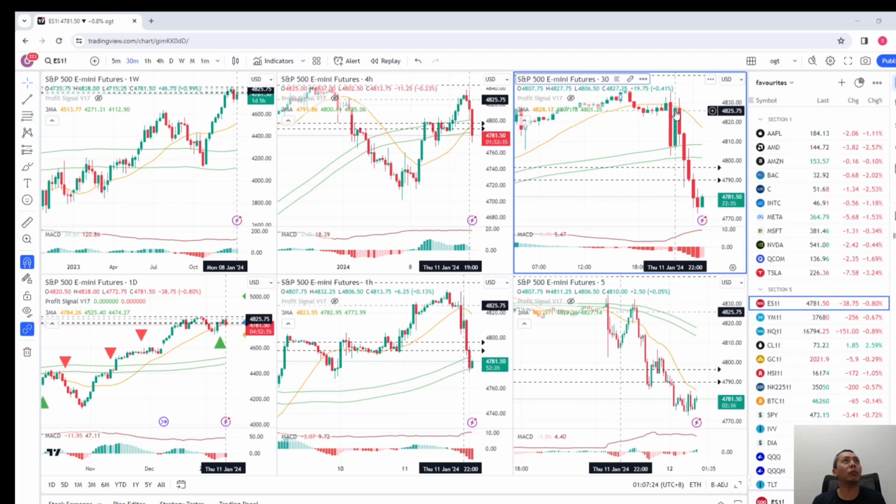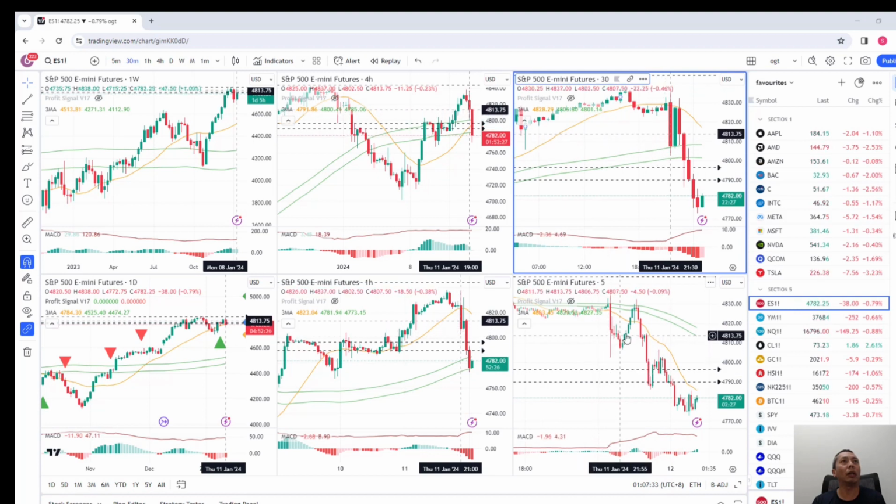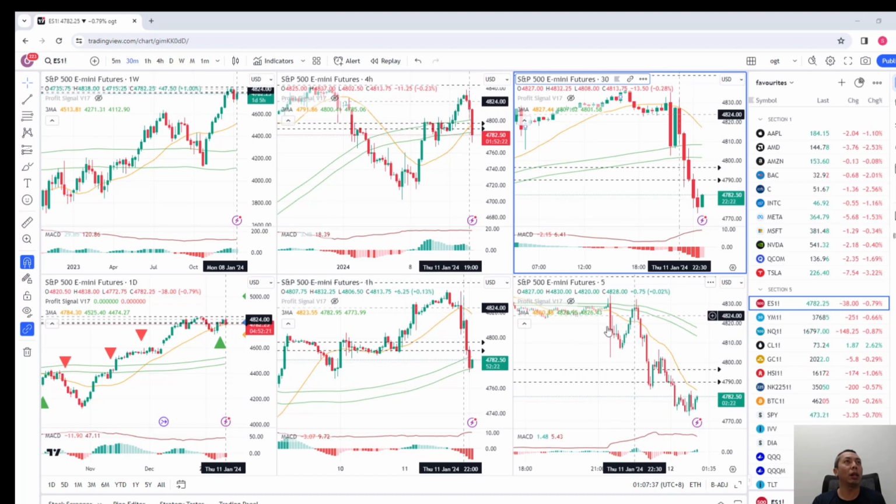But here's the thing, at 10:30 the market started to open, and you can see here on the 5-minute chart.